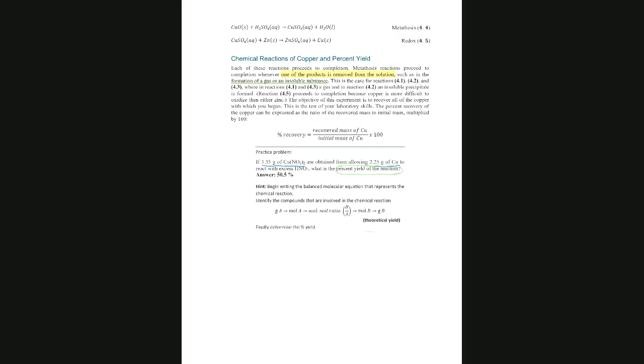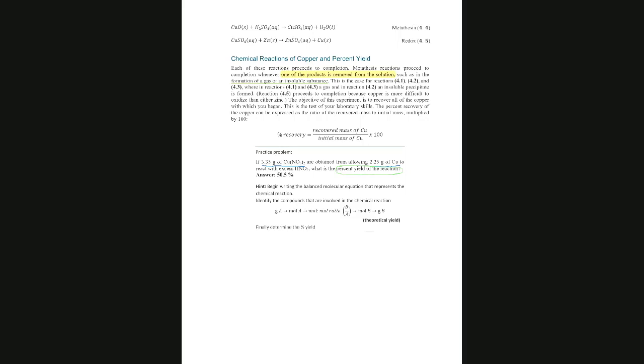And then how do we do it when we have grams of A and we need to calculate grams of B? So basically we have 3.35 grams of copper nitrate, and we need to know how many grams of copper we have.